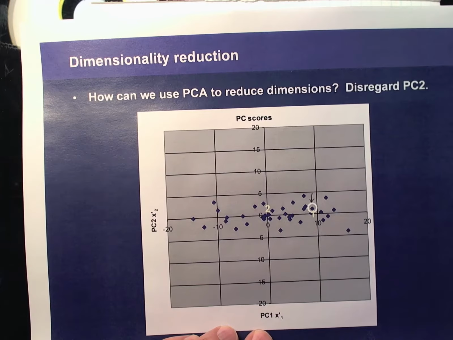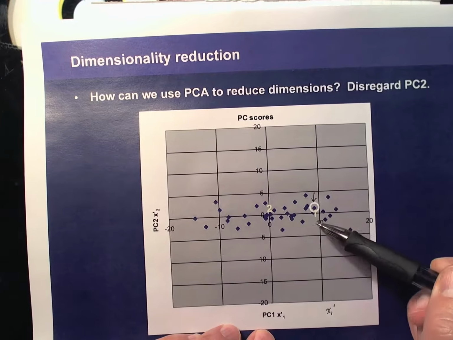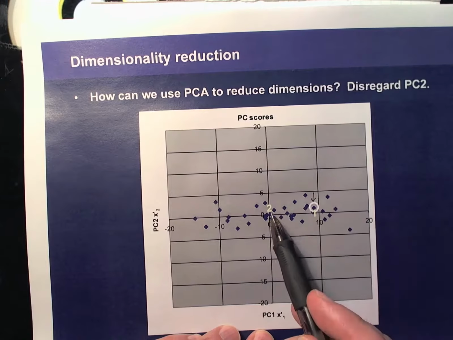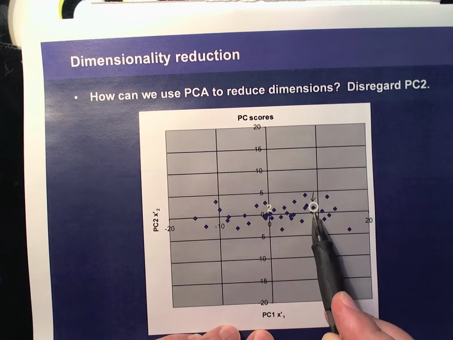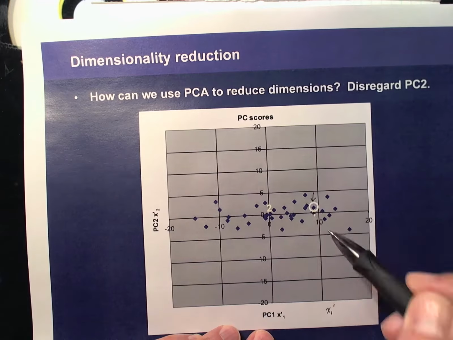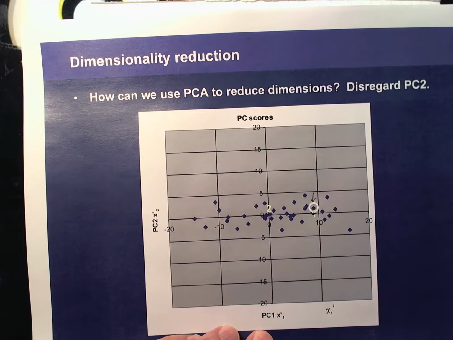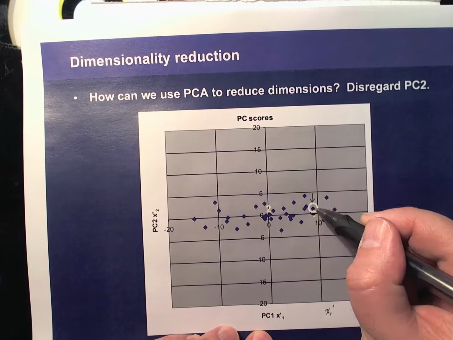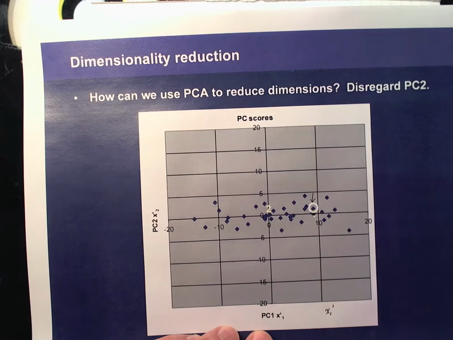If I were to tell you that this person has simply a horizontal value of x1 prime, but I don't tell you the vertical, then the best you can do is assume that the person is this far to the right, and then if I don't tell you how far up they are, you just have to assume they're sitting there. But as you can see, that's getting you very close to where they really are. And if I don't tell you the second vertical coordinate, you won't be that wrong.